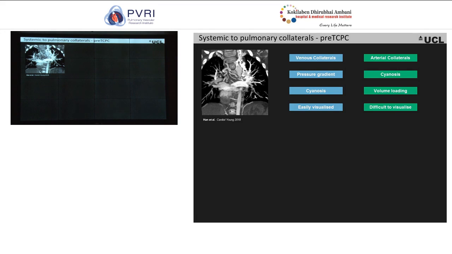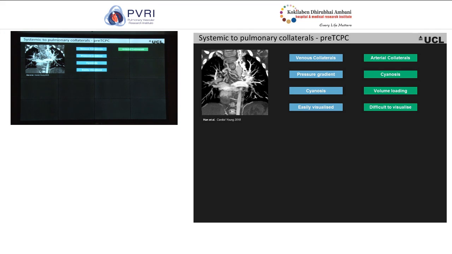Okay, so vessel stenosis is obviously one of the things we look at on cardiac catheterization or angiography, but other things we notice are collateralization. Patients develop venous collaterals, which we think are driven by pressure gradients and cause cyanosis. But they're quite easily visualized on angiography, MRI or CT.